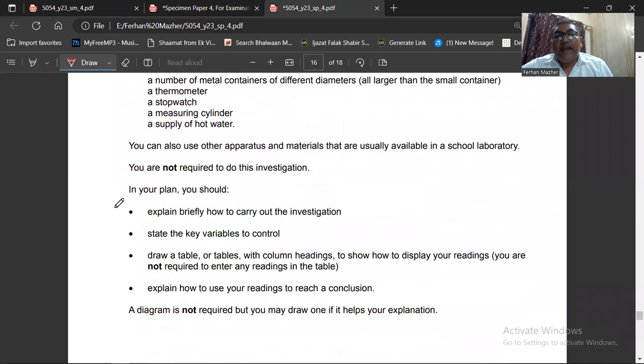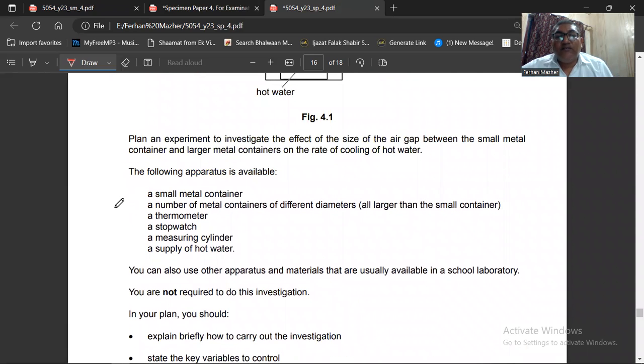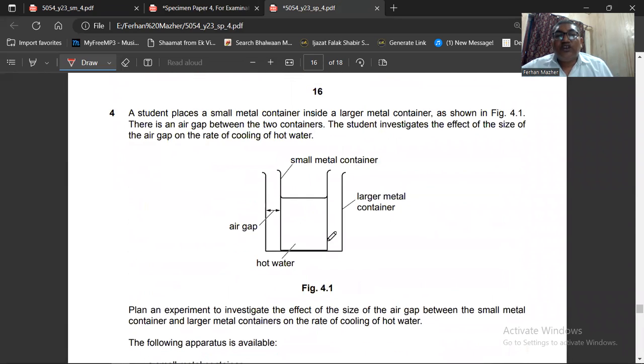The variables to control: the amount of water each time should be the same, the initial temperature at which you start your stopwatch and the final temperature at which you stop it should be the same, and the laboratory room temperature should be the same.